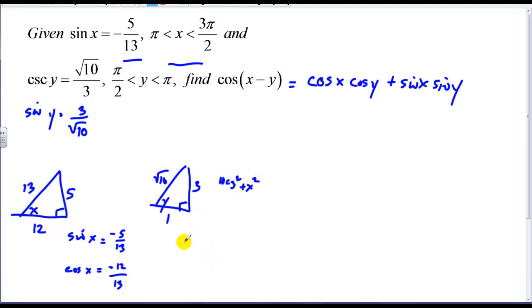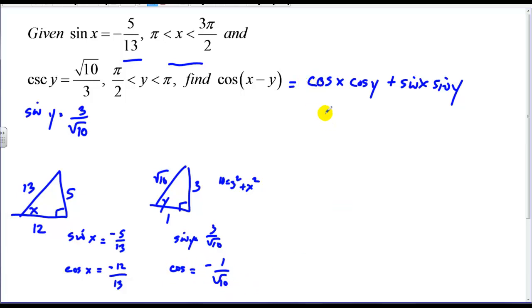We get 1. So we know that our sine, in this case, since we're in the second quadrant, sine of y, is equal to 3 over root 10, and our cosine is equal to negative 1 over root 10.